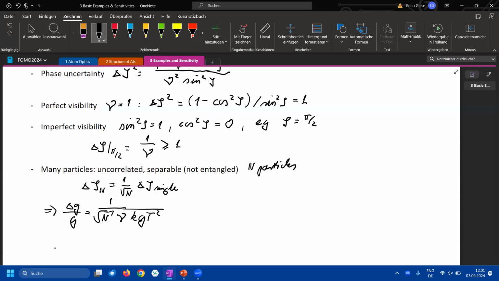That's why in every lab you're trying to optimize the number of particles. We want a good visibility and a closed interferometer, large momentum transfer, and a large interrogation time. On top of that, we can also have uncorrelated runs of the experiment, so we can enhance the sensitivity by repeating the measurement, which gives yet another scaling with the square root of the number of runs.